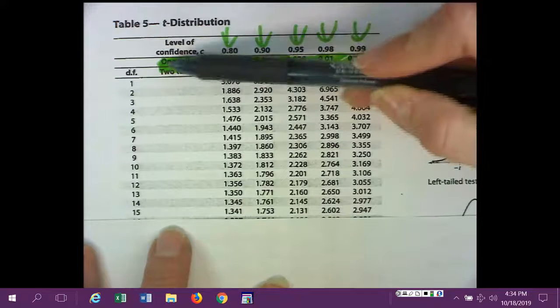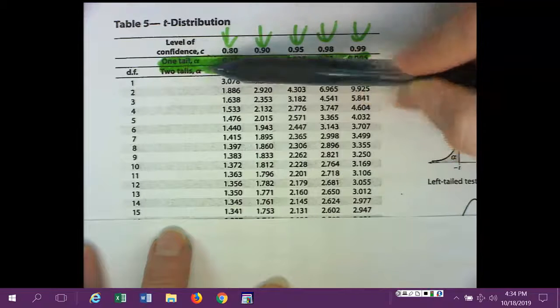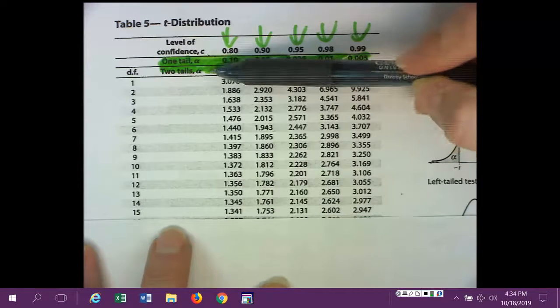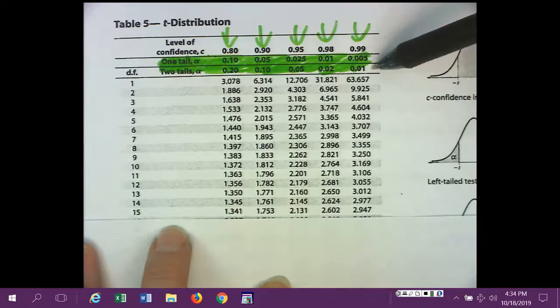I also said in class, for now, if it helps, to block out the 1-tail alpha and 2-tail alpha row, which is used for hypothesis testing, which is the last test at the end of the semester.